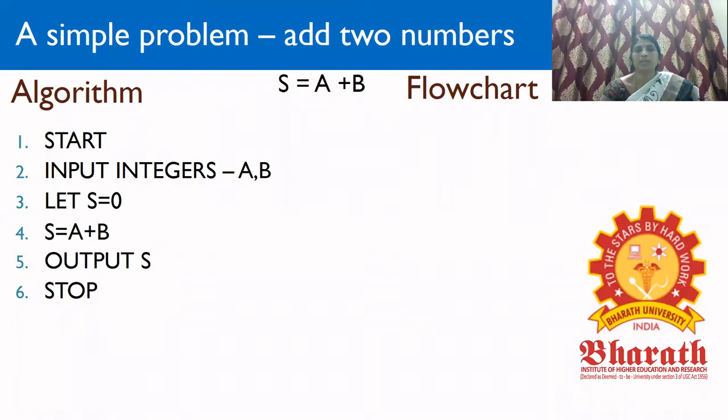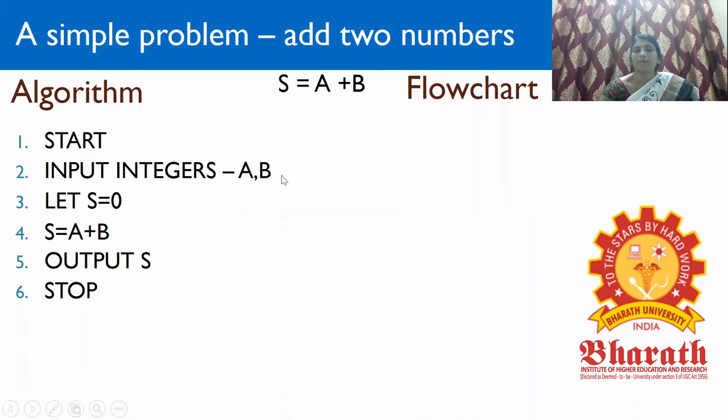Next, we consider a simple problem, an addition of two numbers. The first step is the algorithm. It is going to be the step-by-step procedure of how we are going to add any two numbers. So the first step is start, input integers. Because we need to add two numbers, we need the input of it.